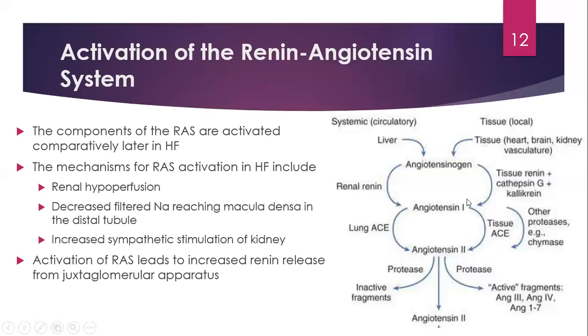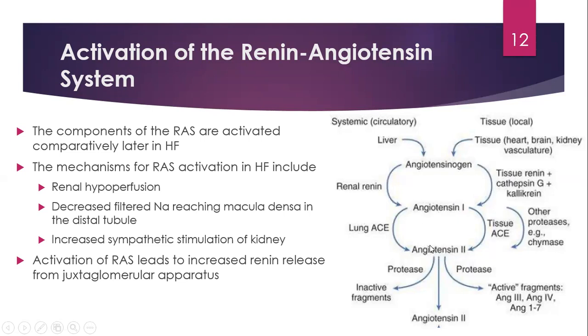Other enzymes like cathepsin G and kallikrein can also help in the conversion of tissue angiotensinogen to angiotensin 1. Okay, and then we know that angiotensin 1 is not the active hormone.